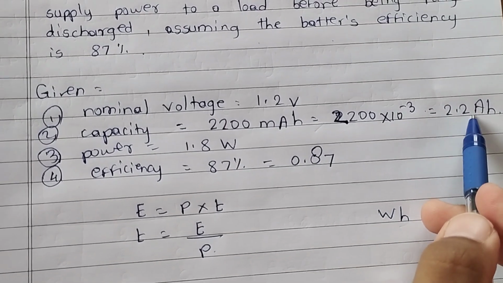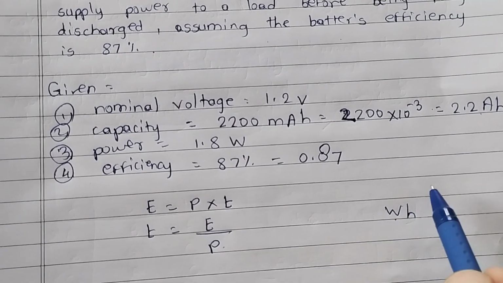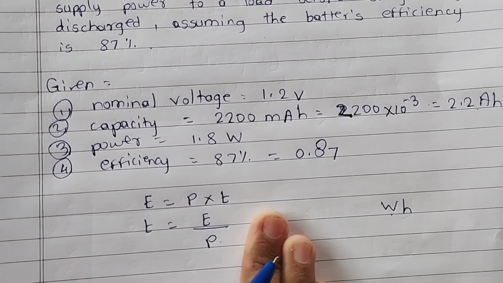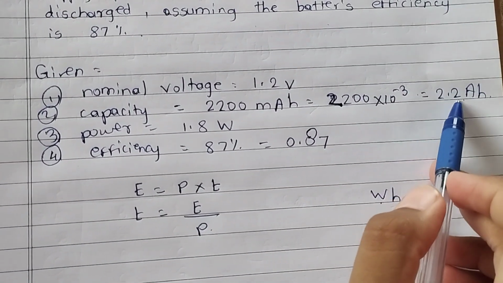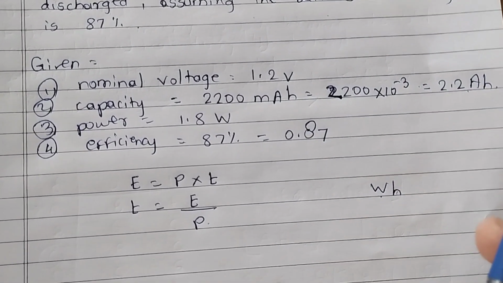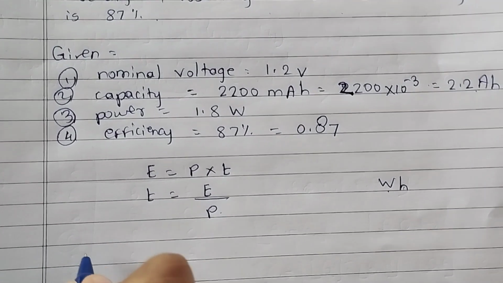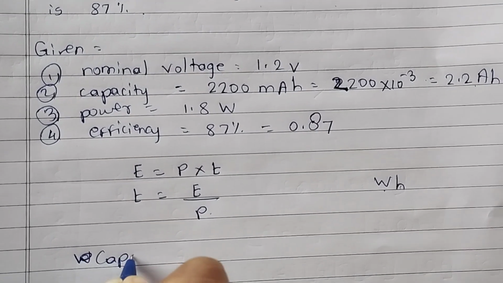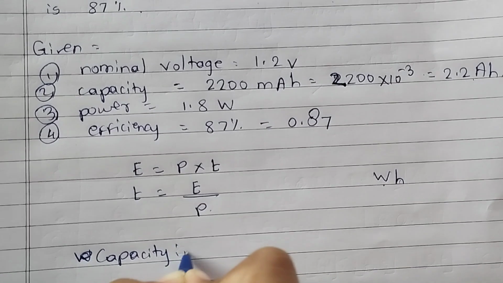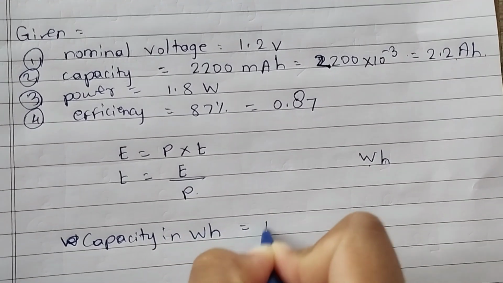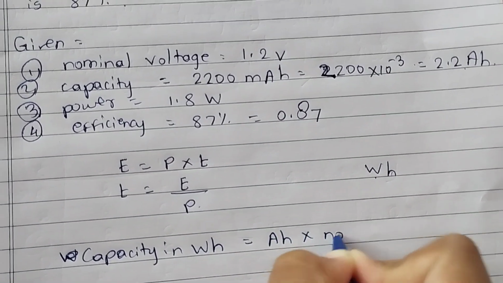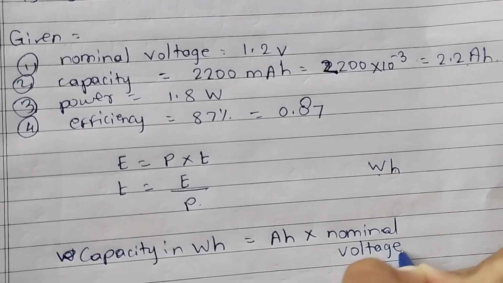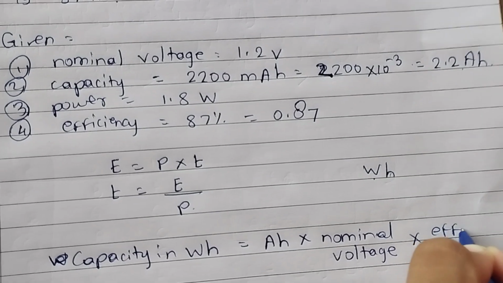So we first convert this ampere hour into watt hour, and then use this energy as our input. Capacity in watt hour is equal to ampere hour into nominal voltage into efficiency.